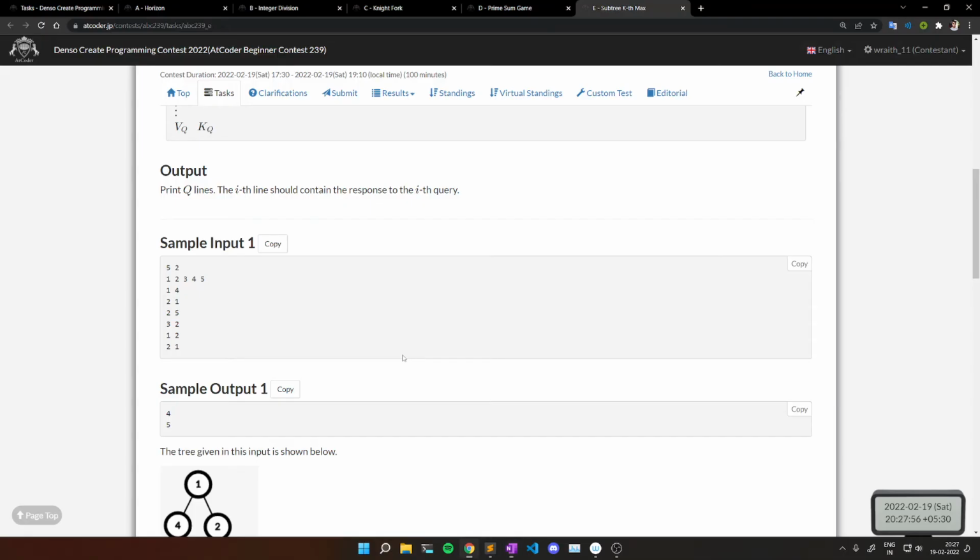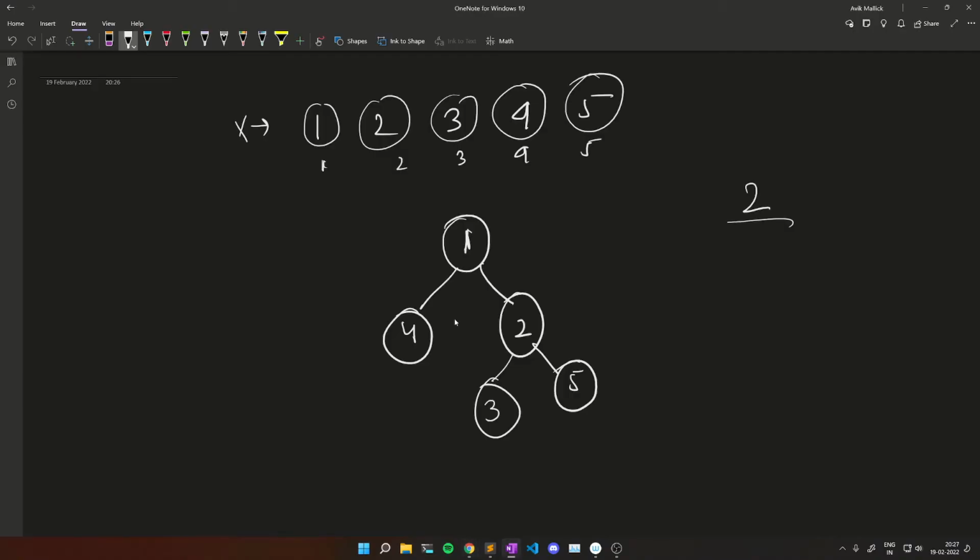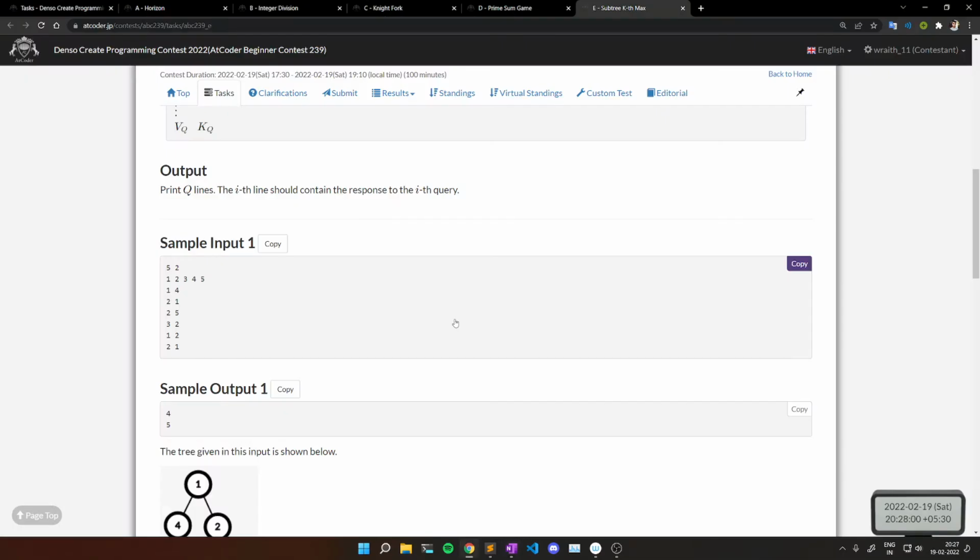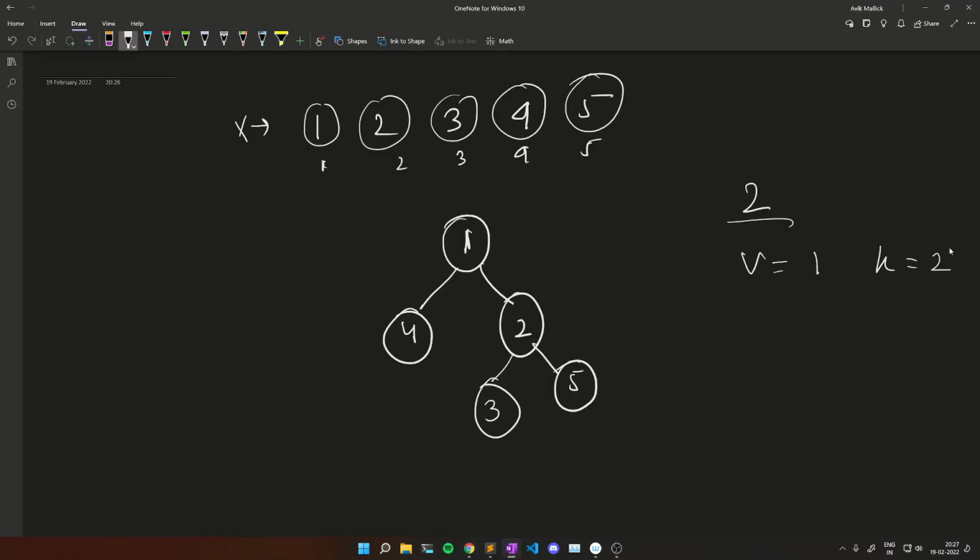Now there are 2 queries. The first query is v is 1 and k is 2, and the next query is 2 and 1. So the first query asks to print the second maximum value in the subtree of vertex 1. So this is vertex 1, right, and it asks us to give the second maximum value in this subtree.